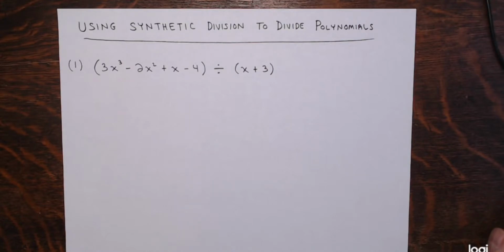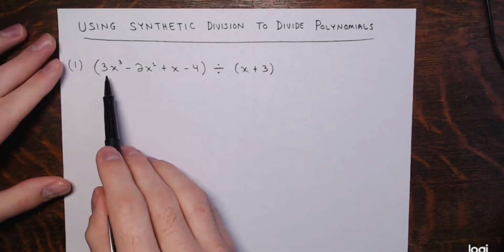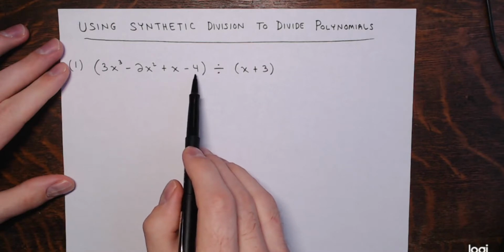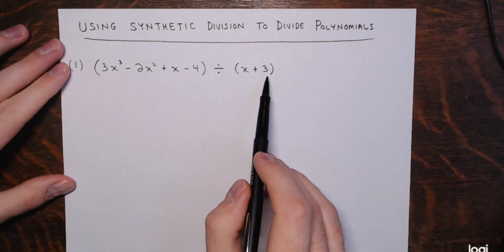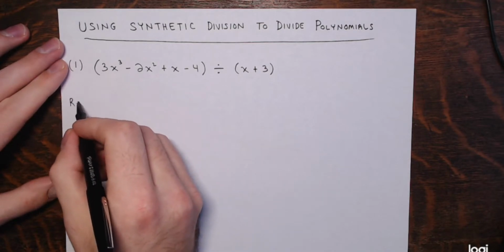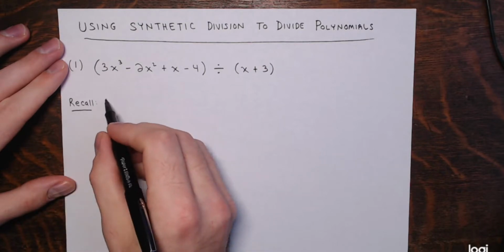So my first example, we're asked to divide 3x cubed minus 2x squared plus x minus 4 by x plus 3. Now I'm going to do it like I did in the last video with long division, because this isn't wrong.